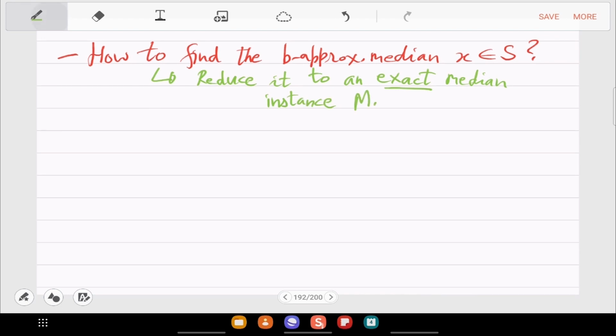What that means is you have this S and you want to reduce it to some other instance M such that the b-approximate median in S corresponds to the exact median in M. You want to map the b-approximate median, in fact you want a bijection between the b-approximate median and the exact median.